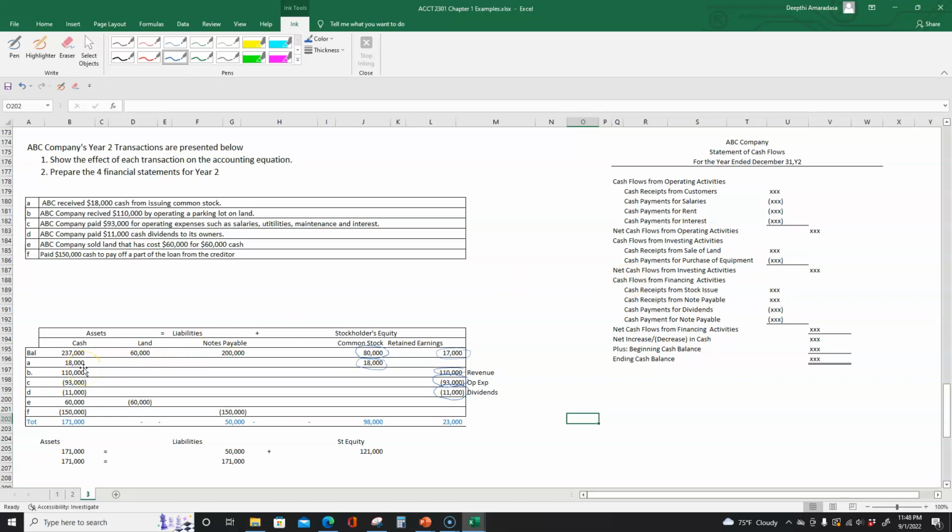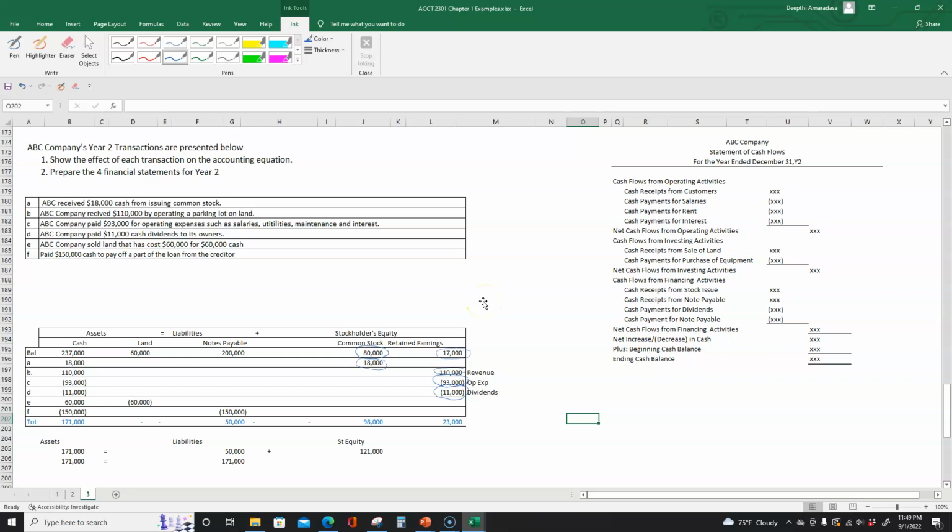Let's look at transaction A, the 18,000 cash. We know that it was cash, so it needs to go to the statement of cash flows. But which section? Operating activities, investing activities, or financing activities? Well, we know that $18,000 was cash from issuing common stock, and all common stock transactions go to the financing activities section.